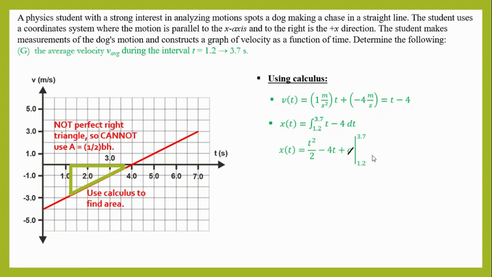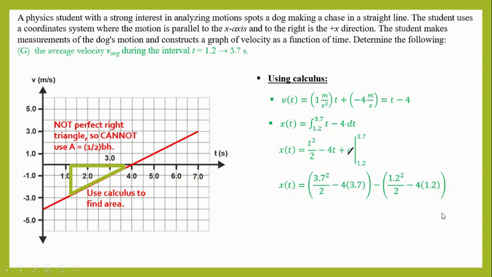Here it doesn't really matter, because if I plug this value in at time equal to 0, xi is just equal to 0. Okay. All right. So therefore, here's my bound. This is 1.2 to 3.7. So if you plug the values in for time, you do the upper bound, subtract the lower bound. So wherever t is, you plug in 3.7. We're going to square that, and then minus 4, and then the t is 3.7, and you do the same for the lower bound.